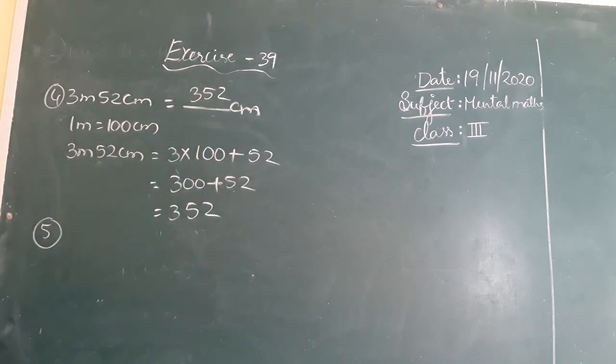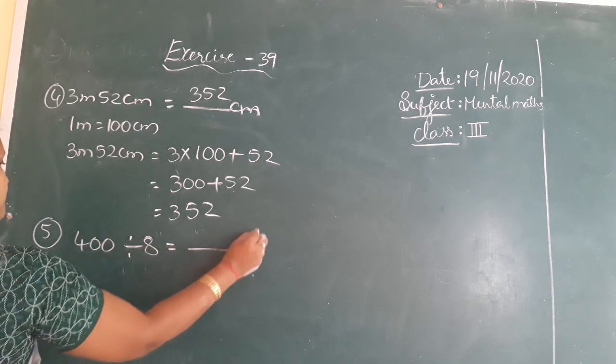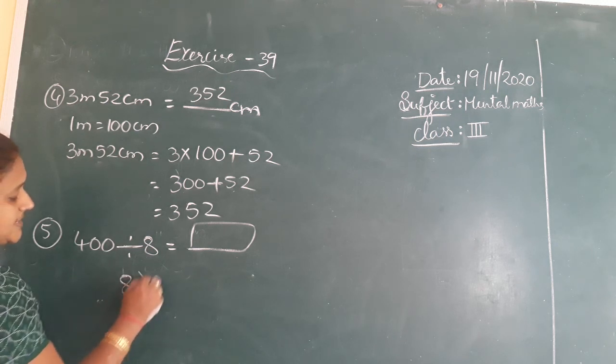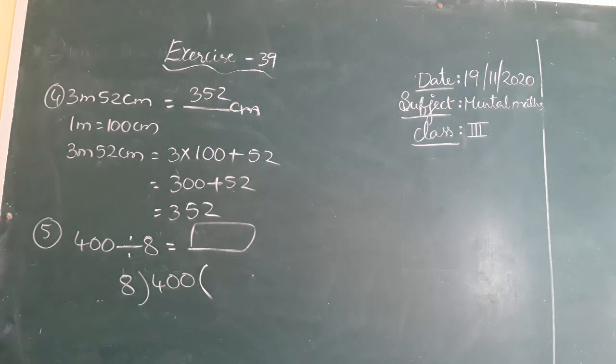See the fifth one, children. 400 divided by 8 equal to how much? 8 divides 4 hundreds.